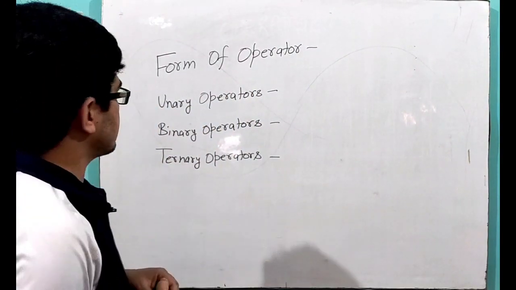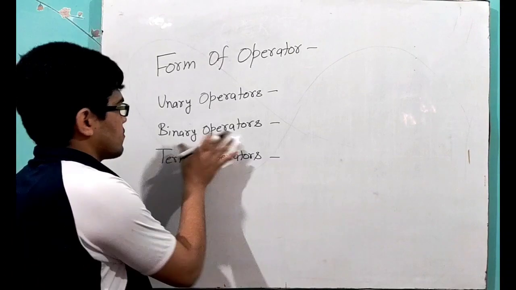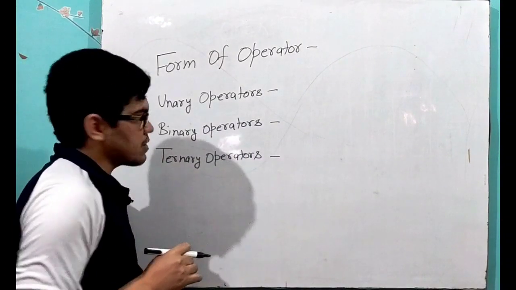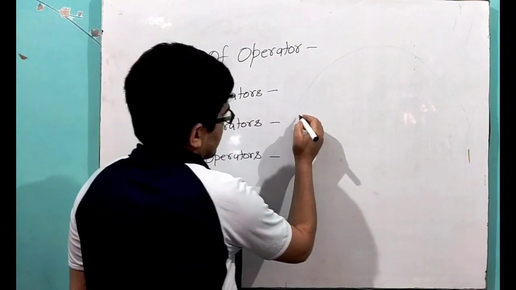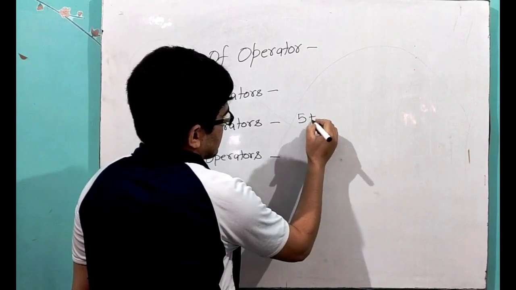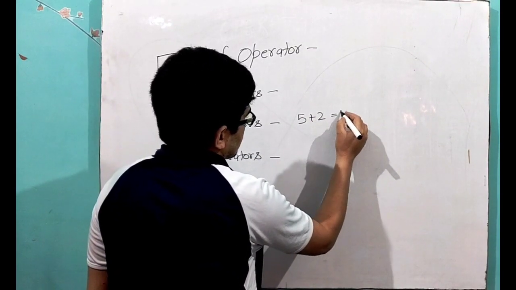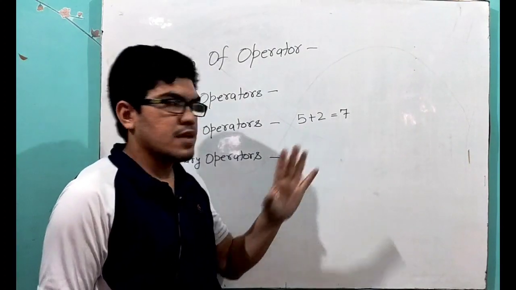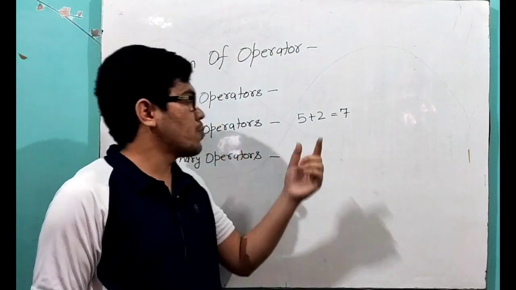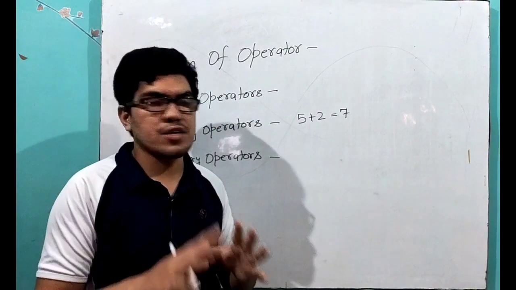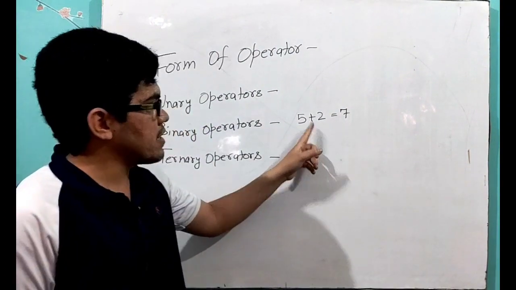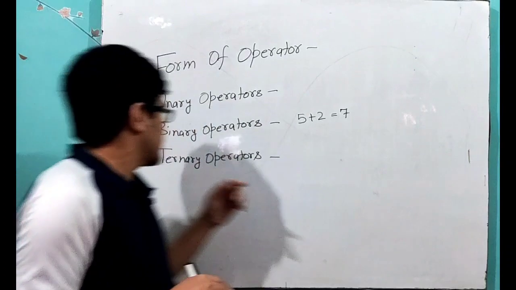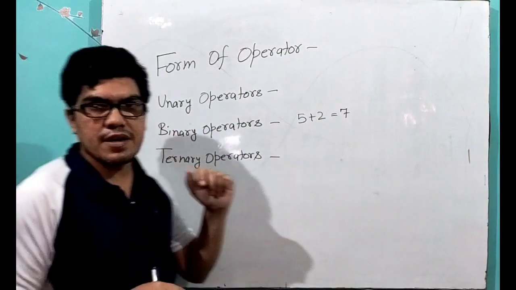Let us clear this with the help of an example. First, let us take a binary operator example: 5 plus 2. You can see this plus operator requires two operands to perform the operation. So here this plus is nothing but a binary operator.